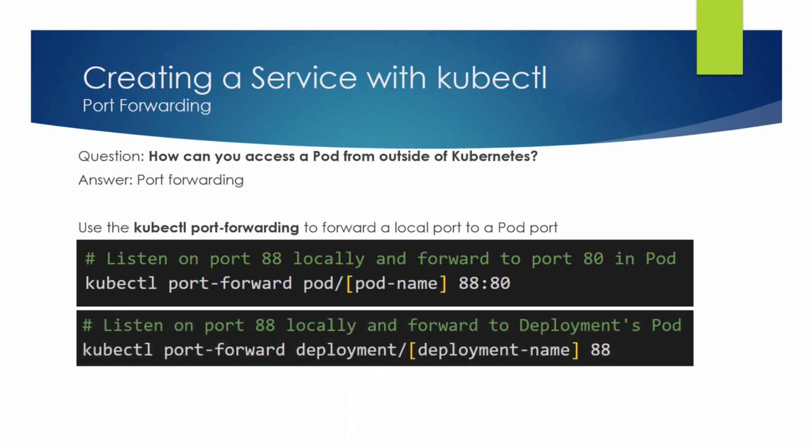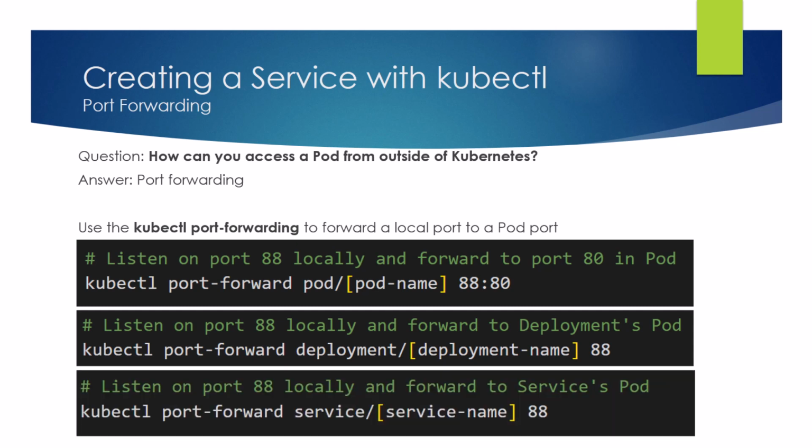So if we had a named deployment there, then we could say, alright, let's go into that deployment, and in this case I am going to use 88 for everything. In addition to that, we could port forward to a service and expose that on port 88 so that it calls into the service's ports, doing it in this way.